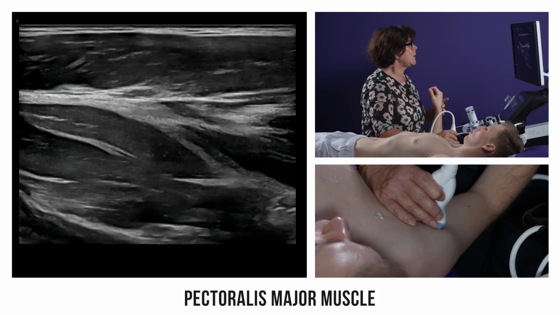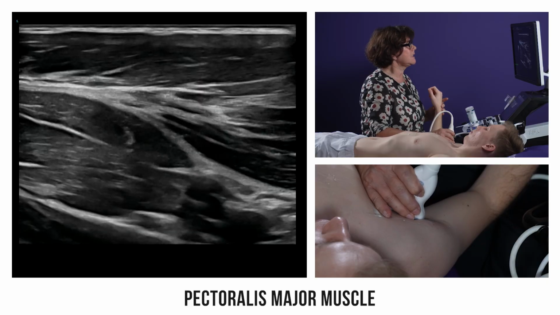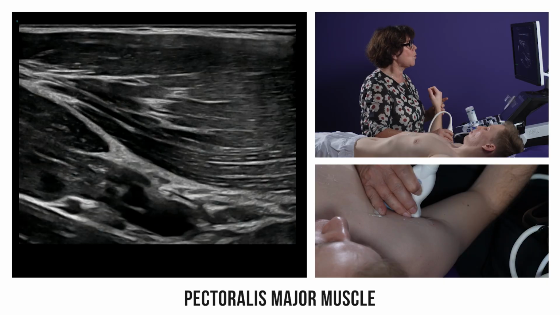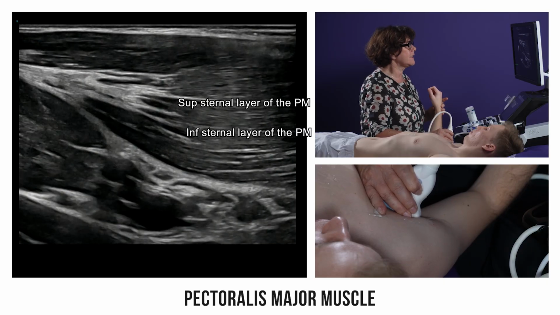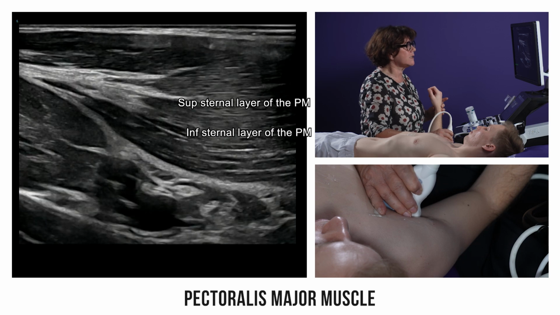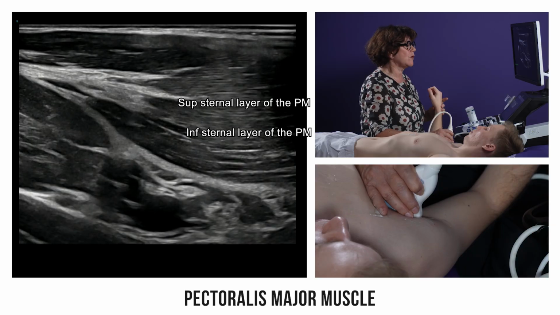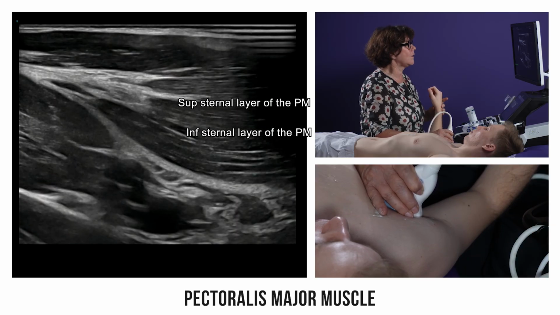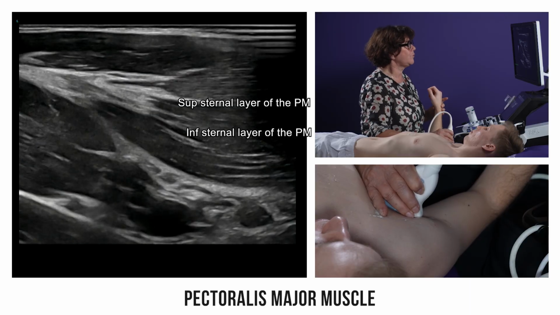Looking again at the pectoralis major tendon, we see intermuscular bundles corresponding to two layers. The superficial layer, which is the upper part of the sternal bundle, and the deep layer, corresponding to the lower part of the sternal bundle.